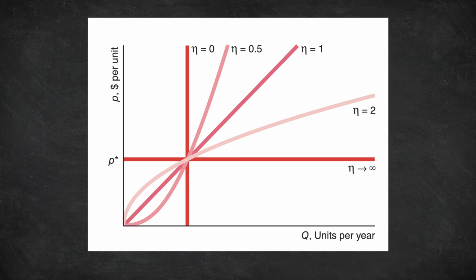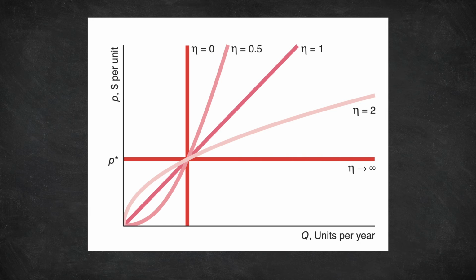The constant elasticity of supply function is really a family of functions. Looking at the diagram here, we see various cases for different values of eta. If eta equals 0, in this diagram, supply is perfectly vertical. This is the perfectly inelastic supply. The firm supplies the same amount for every price level.